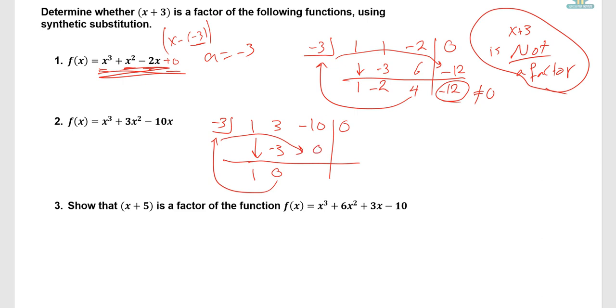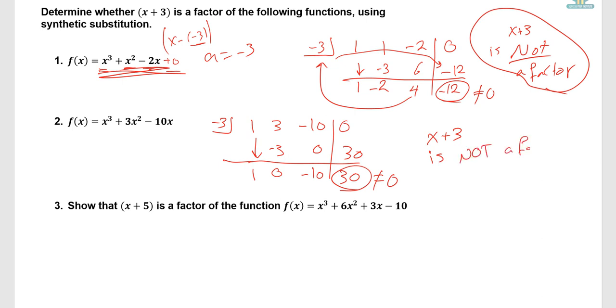Minus 10 plus 0 is minus 10. Minus 10 times minus 3 is 30. 0 plus 30 is 30. So again, my remainder is 30, which is not equal to 0. That means x plus 3 in this case is not a factor of this polynomial.